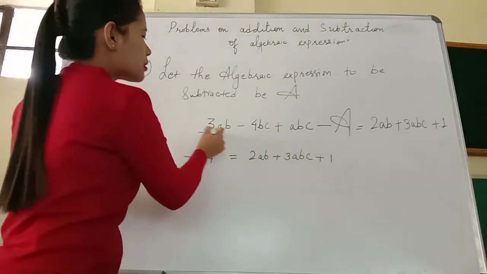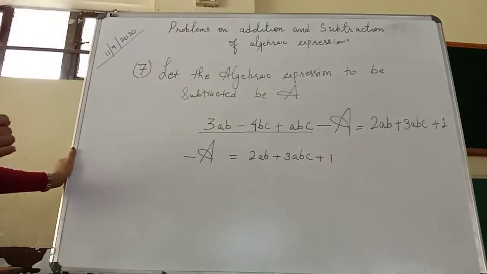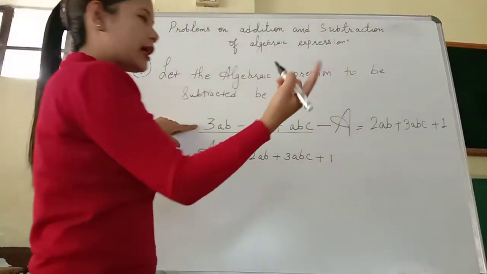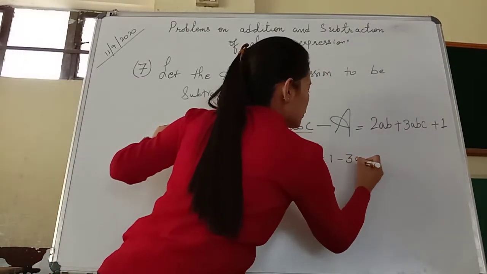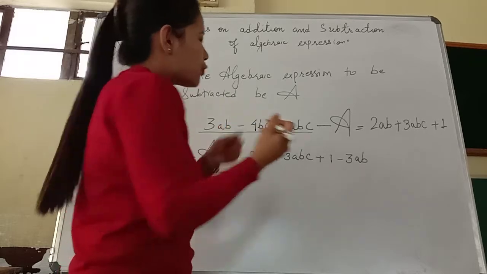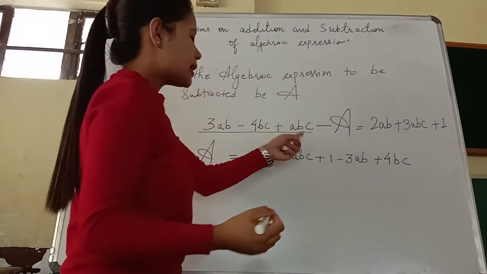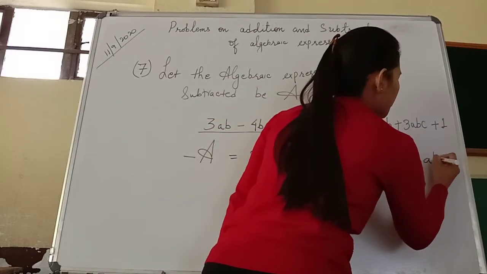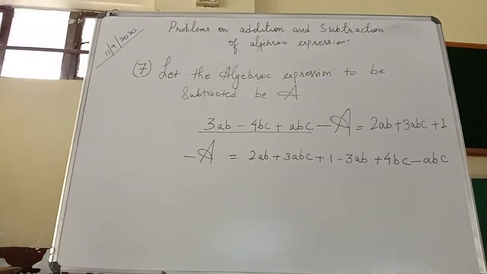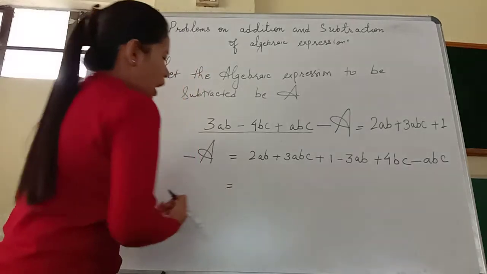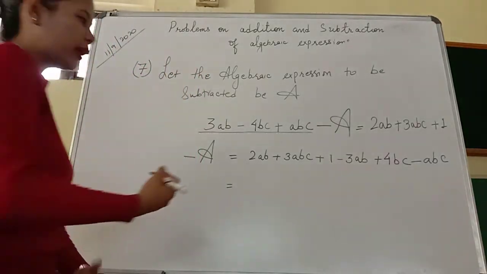Now we take all these terms towards the right hand side. So plus 3AB when taken to the right hand side becomes minus 3AB. Minus 4BC becomes plus 4BC. And plus ABC becomes minus ABC. Okay. So now we group the like terms together.